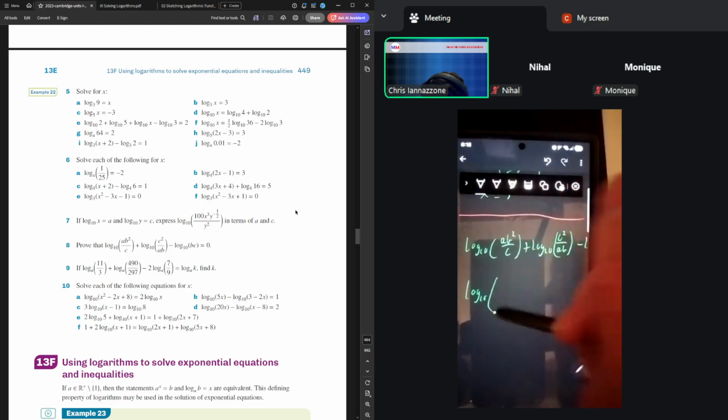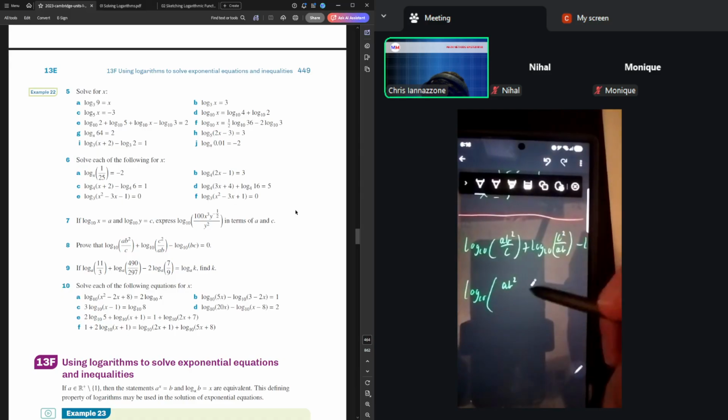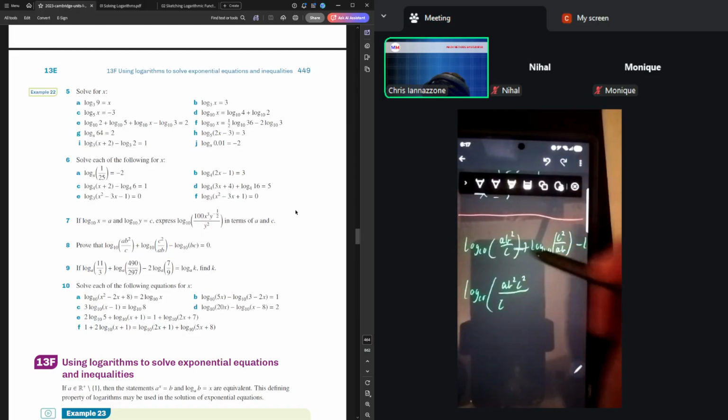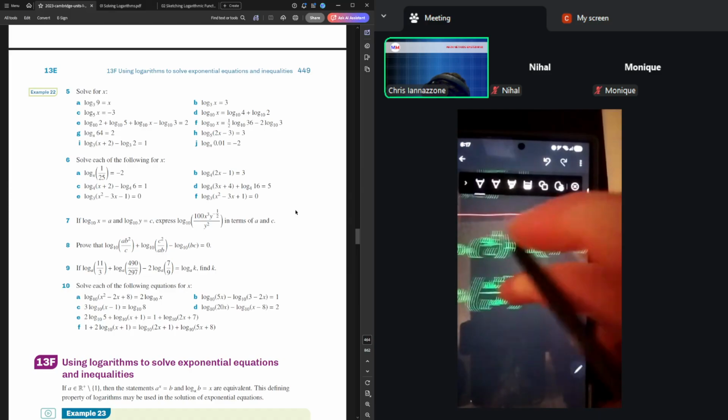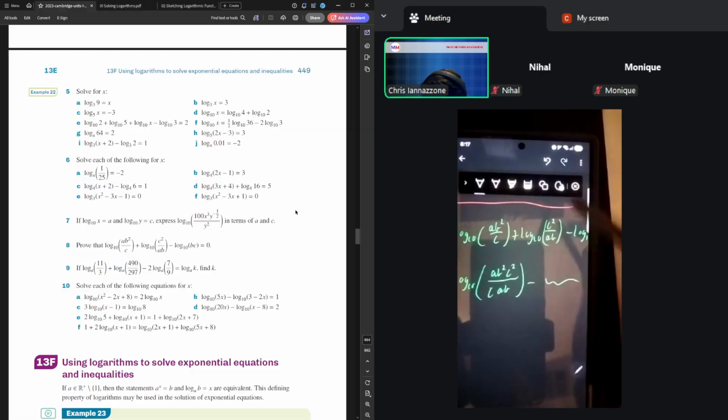Log 10 of, now it's going to be big, so we've got the ab squared part multiplied by the c squared, going to have the c from here and the ab from there. That is going to be minus that logarithm, which I'll now condense into it.